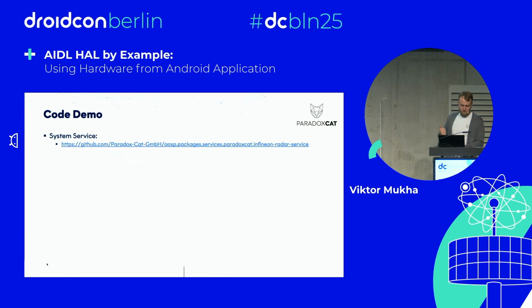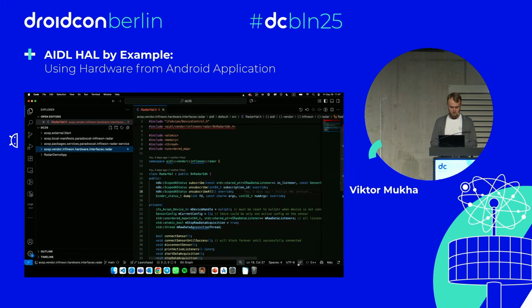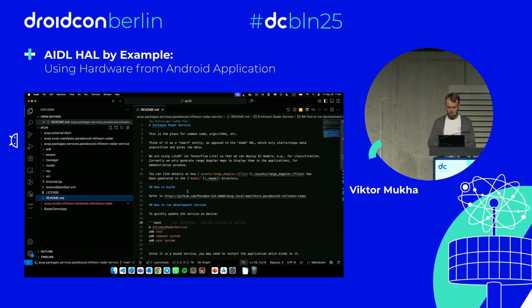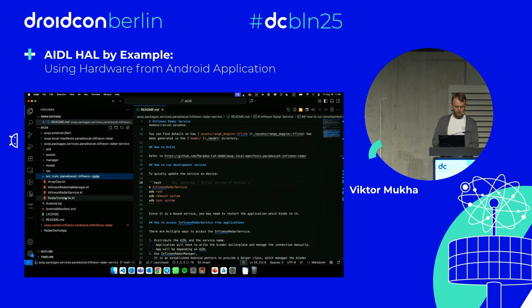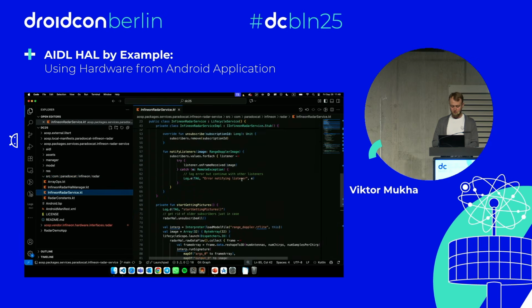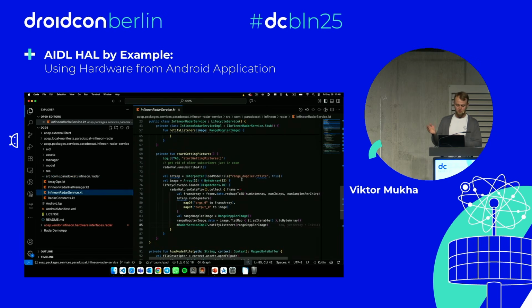So for the service, let's jump back to the VS Code. You can find the repository in packages services. And here again, README with some interesting information, tips and tricks. And the service itself is basically the idea of the service here.